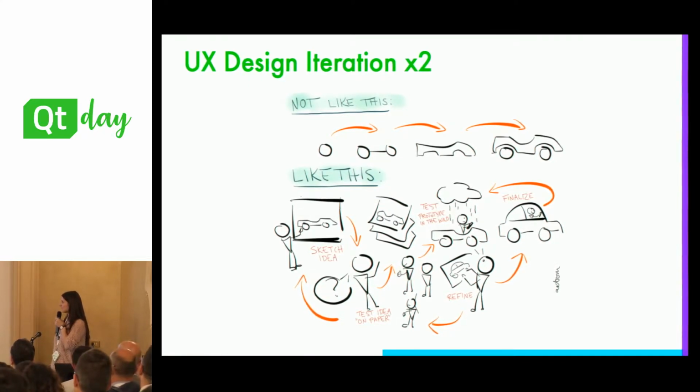So now we're coming to the what technology part. If you ask me, is Qt suitable? Yes, of course. Actually, I cannot think of anything else currently that we could use for such a project.